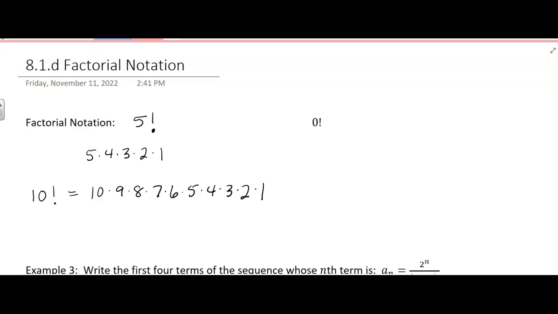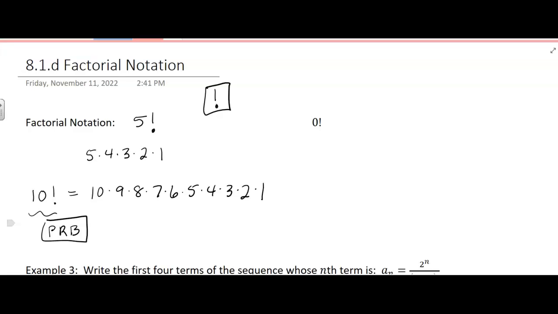Now, some calculators will have a factorial button. So these are called factorials when you have the exclamation point. Some have the factorial button, so you could just go 10 factorial and it would give you the answer. Now, on my calculator, mine's a little bit lower grade, I guess, but it does have a PRB button, and that stands for probability.